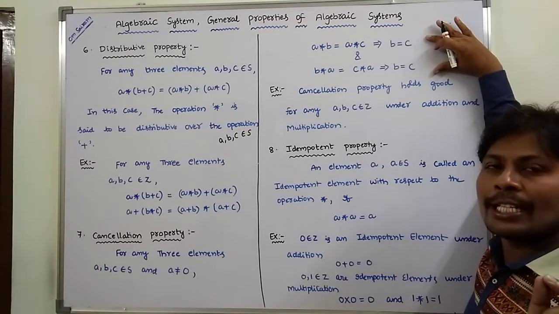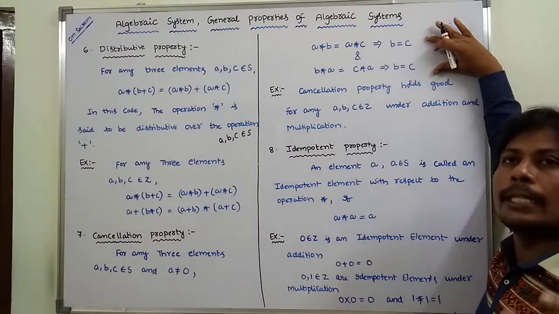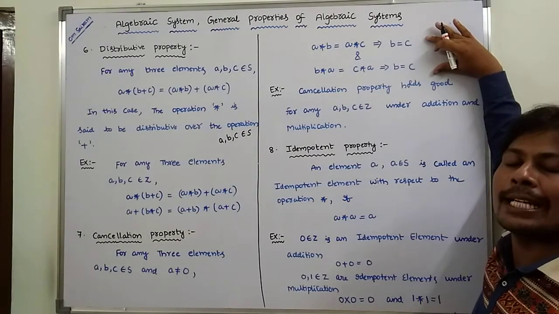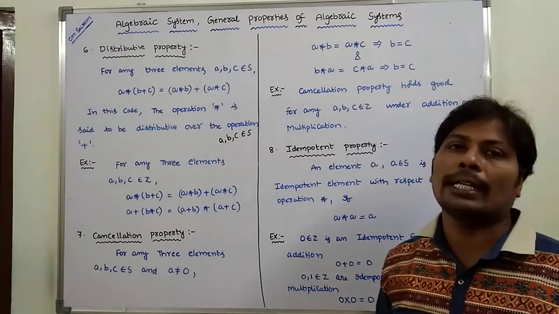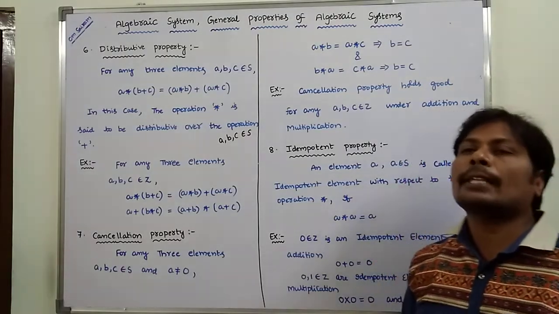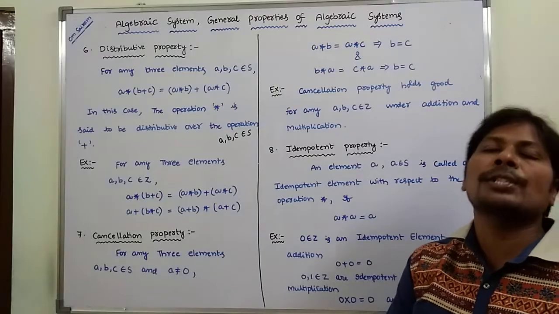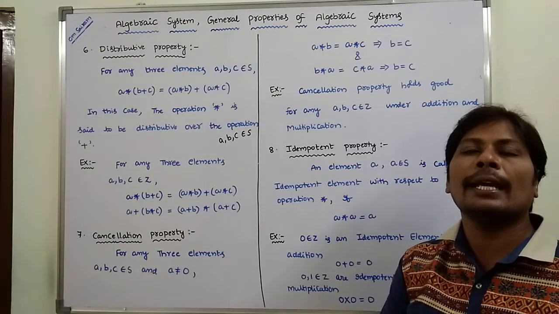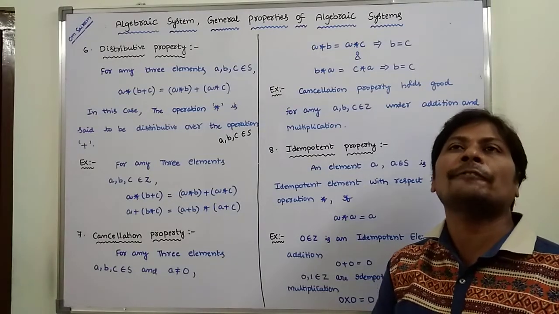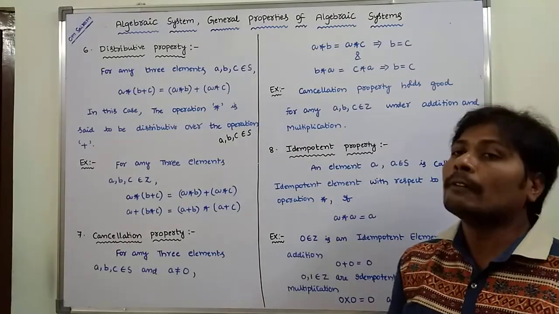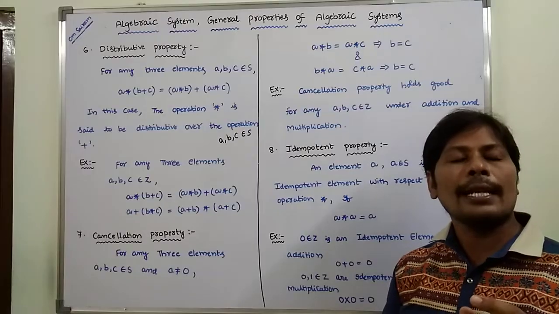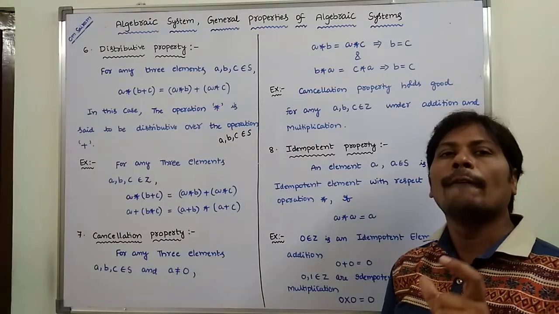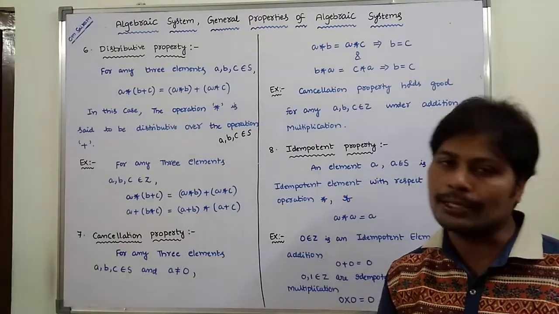So the cancellation property holds good for the set of integers Z under the operations addition and multiplication. With respect to the addition operation, the cancellation property is satisfied by the set of integers Z. With respect to the multiplication operation, the cancellation property holds good for the set of integers Z.